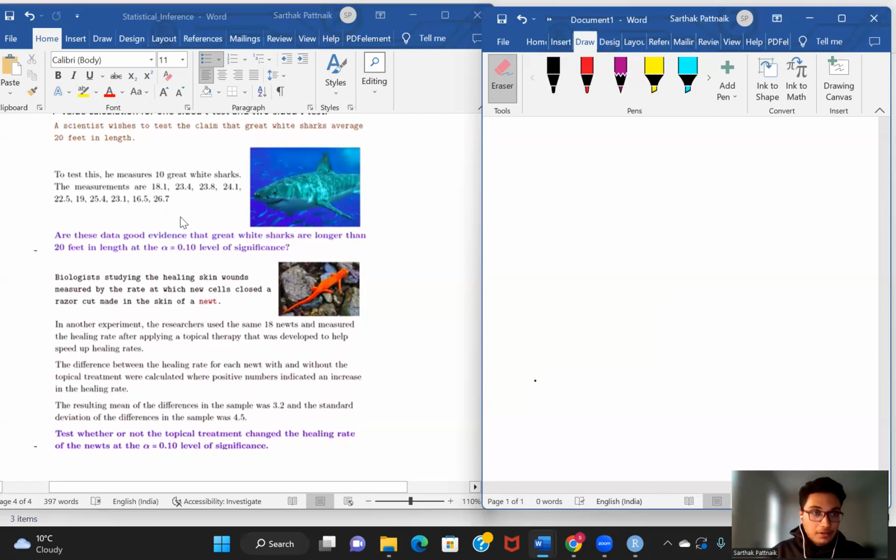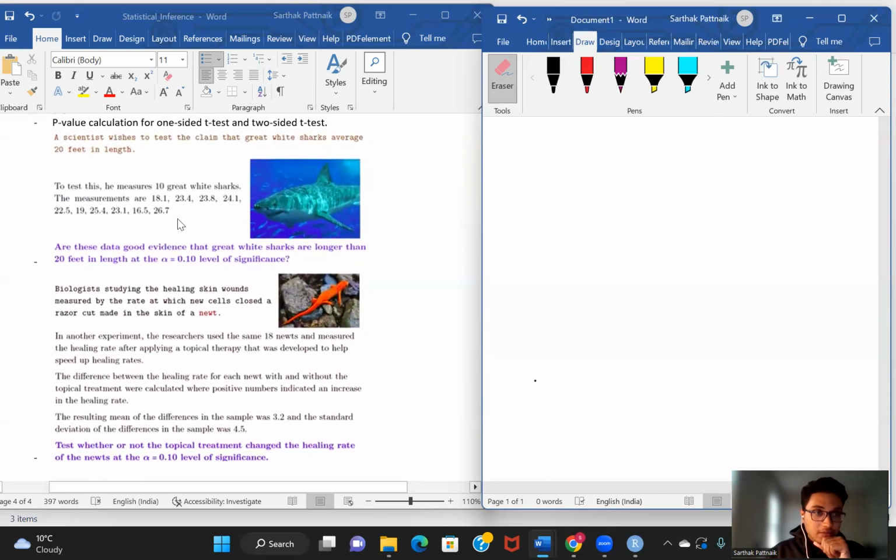So the question says, question number 1, a scientist wishes to test the claim that the great white sharks average 20 feet in length. To test this, he measured 10 great white sharks. The measurements are given as these are the measurements of the 10 sharks.